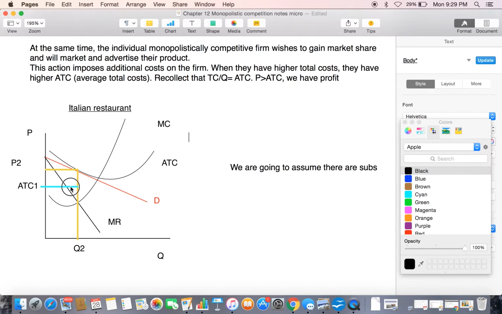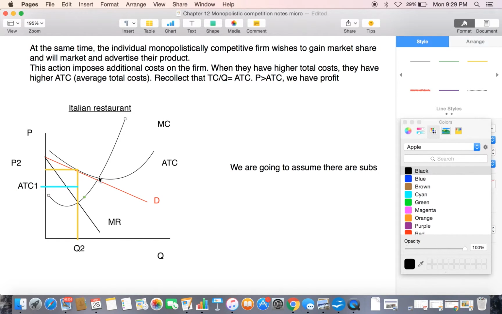Because of the increase in advertising costs and marketing costs, we have that increase in our total cost, which increases our average total cost. And here, our average total cost has risen to basically be tangent with the demand curve, therefore eliminating any economic profit.